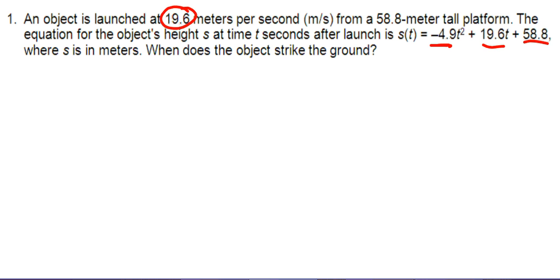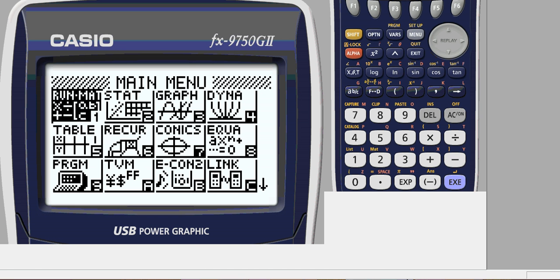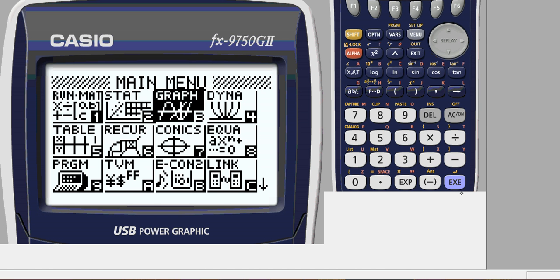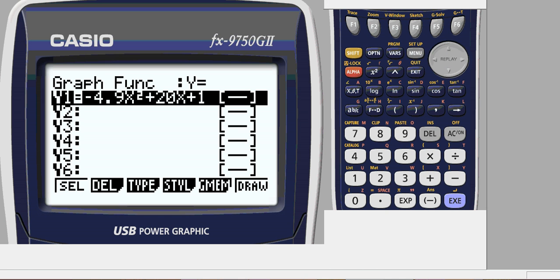So what you're going to do from this point, in order to answer these questions, is graph this. On your graphing calculator, we're going to type in the formula negative 4.9 t squared. So I'm going to go to graph, and we'll type it in, negative 4.9.